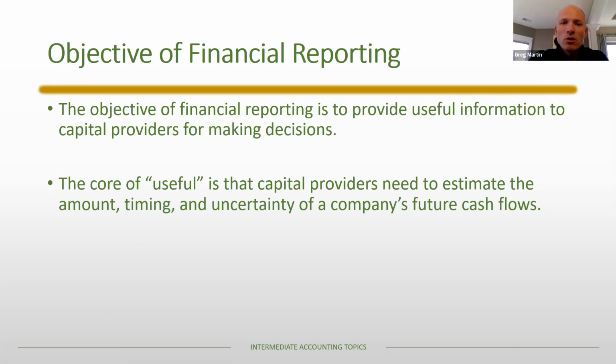And so, to the extent that financial information is useful, it needs to be able to give investors and creditors the ability to estimate the amount, timing, and uncertainty of the company's future cash flows, because that's going to allow them to make better investment and lending decisions. And so that really is the core of useful. It's the amount, timing, and uncertainty. Being able to estimate that is absolutely at the core of anything we do in financial accounting.